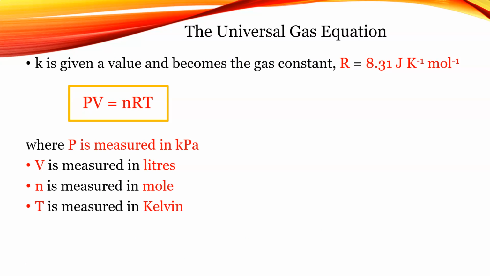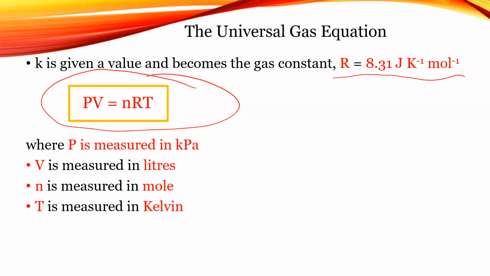And we get to the universal gas equation. Now this is your multi-purpose, don't leave home without it equation. Once again, it's in the data book in Table 3. The equation has come from those relationships that we put into the general gas equation, and now we're giving the constant a value, and it's called the gas constant, and its value is 8.31 joules per Kelvin per mole, and that is in Table 4 of the data book.